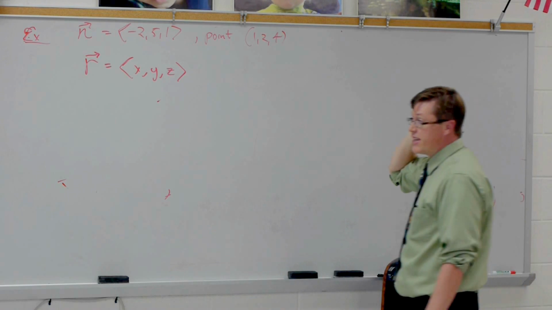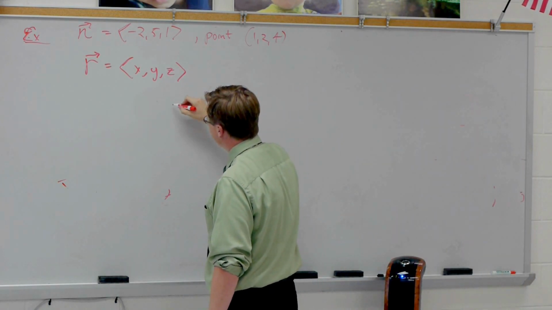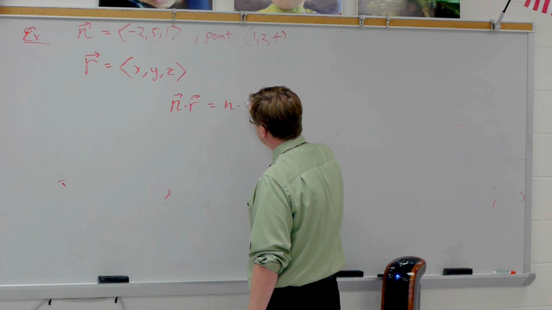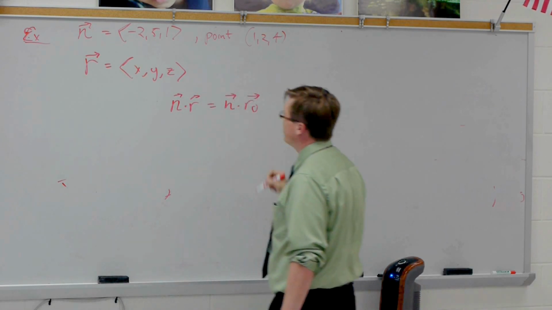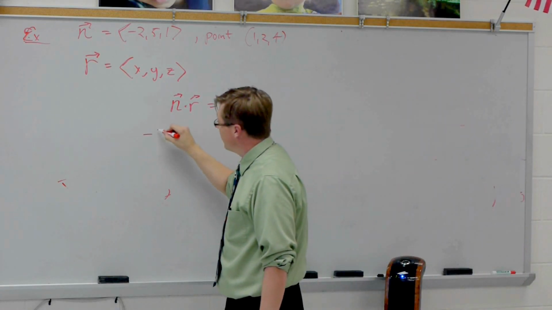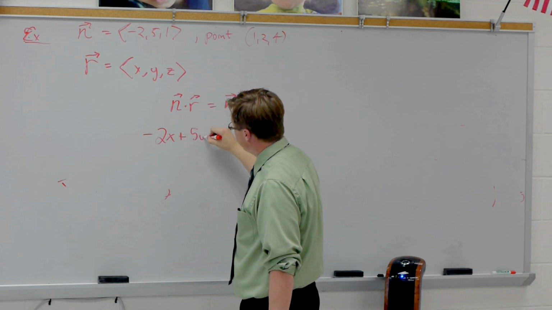So my equation says n dot r equals n dot r0. Well, this is super easy. N dot r is negative 2x plus 5y plus z.